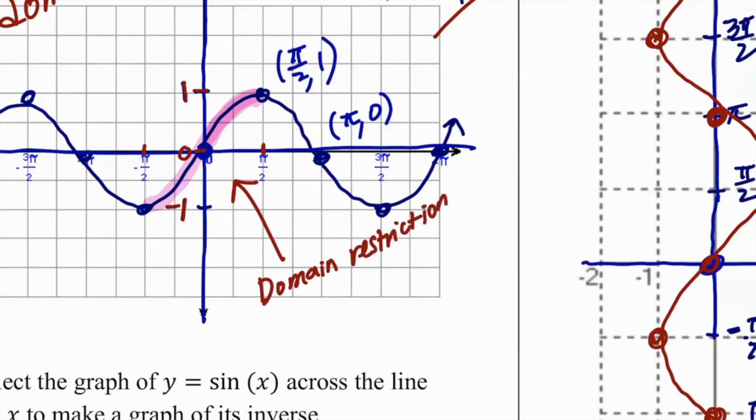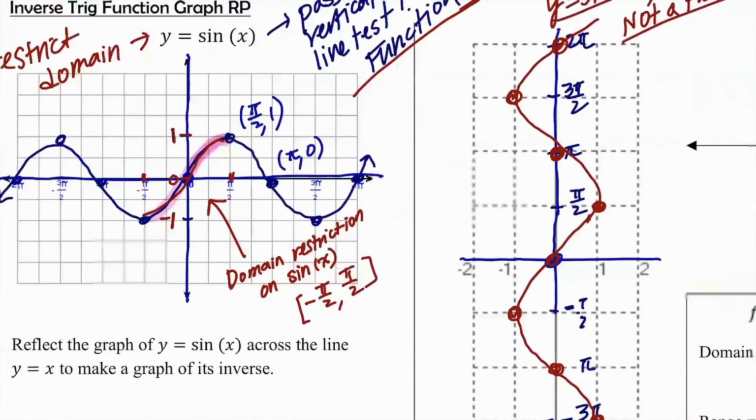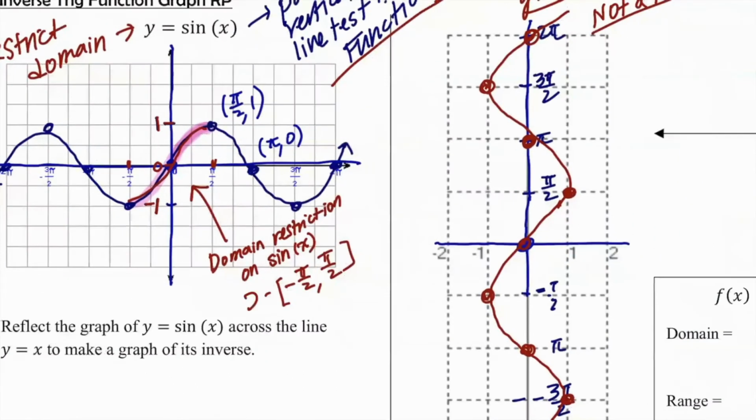Domain restriction on the regular original sine of x from negative pi over 2 to pi over 2. From here to here, the highlighted part is my domain restriction. And if I figure out where that is on my inverse, 0 to pi over 2 is right here.